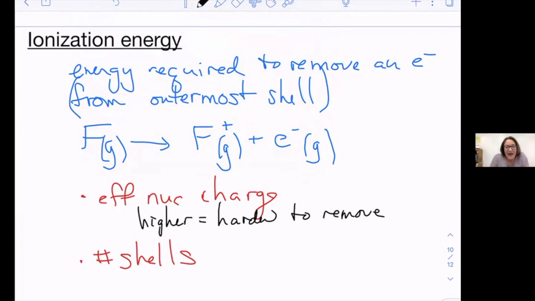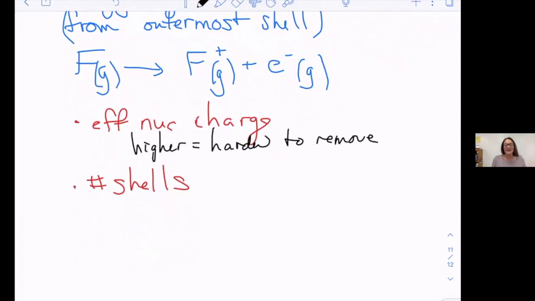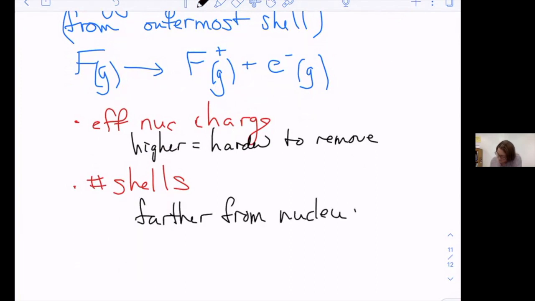If something has more shells or more occupied energy levels, that's going to make it easier to remove, because the farther it is from the nucleus, the harder it is for the protons that are in the nucleus to pull on that electron. As the electron gets farther and farther away, the pull gets weaker. So if an electron is farther from the nucleus, it's easier to remove.